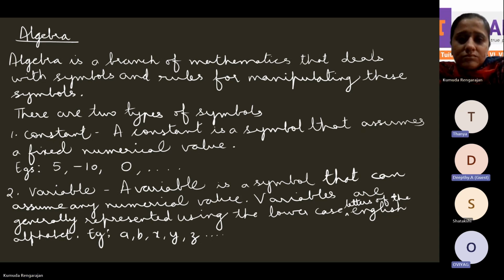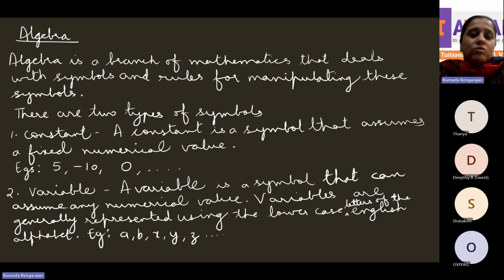Addition, subtraction, multiplication, and division are the 4 mathematical operations. Now, a combination of constants, variables, and mathematical operations forms an algebraic expression.